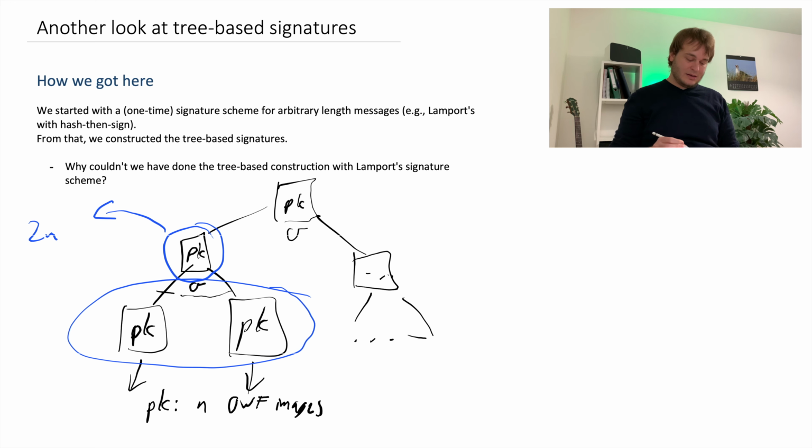Okay? And then these 2 are both of length 2n by the same argument. The same holds for this node. So then this one would have to have length 4n. And you can see where this is going.